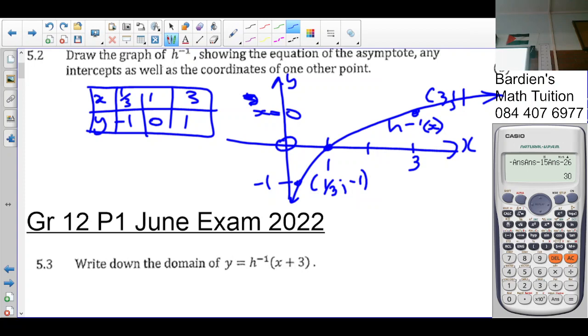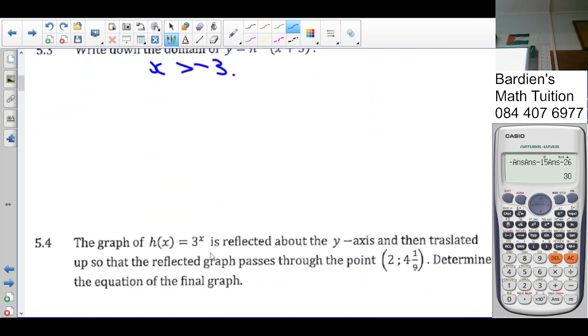X is greater than 0. Not so? So if the graph moves 3 units to the left, the asymptote, which is x equal to 0, also moves 3 units to the left. So what does that mean? x must be greater than negative 3. It's fairly simple there.